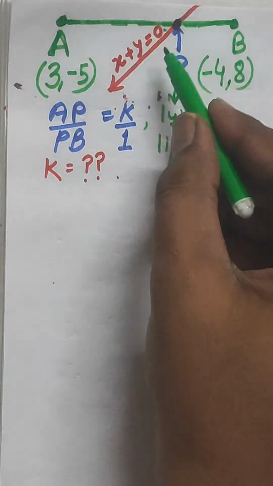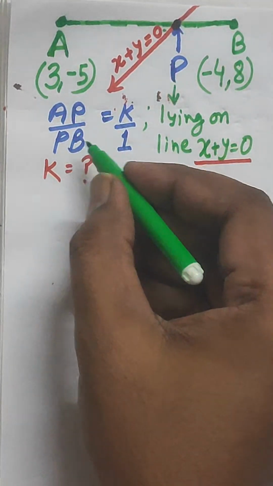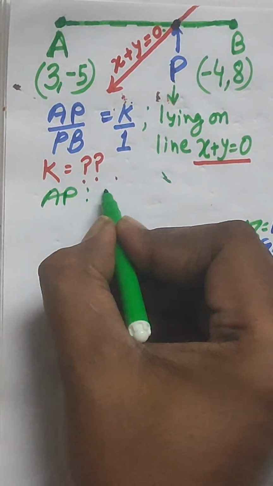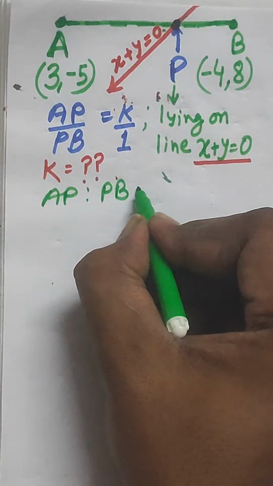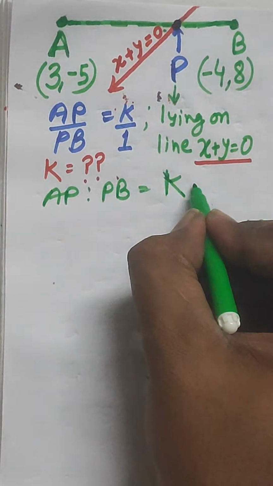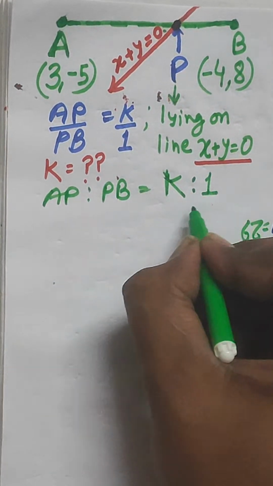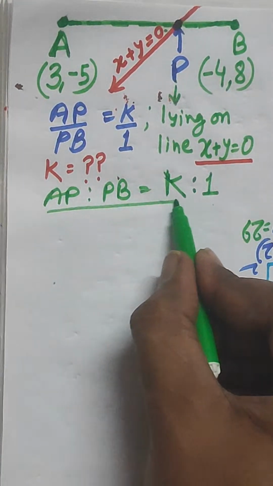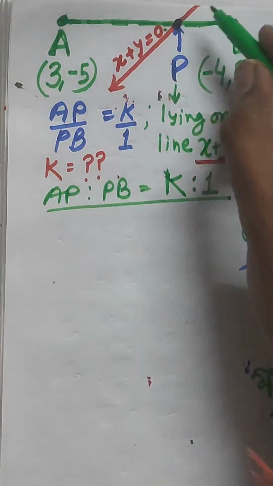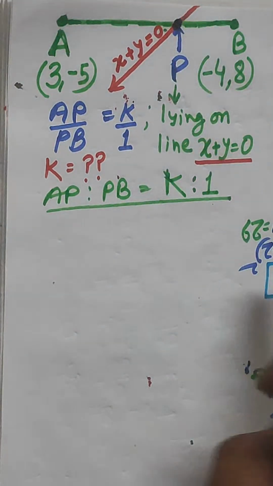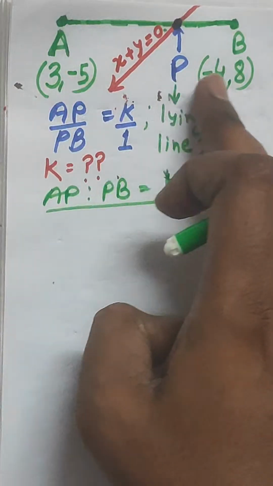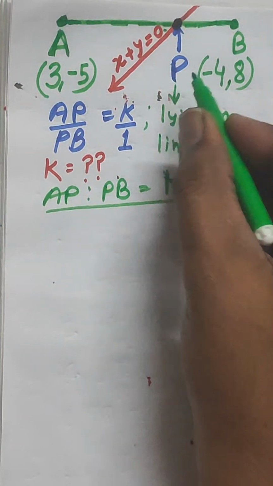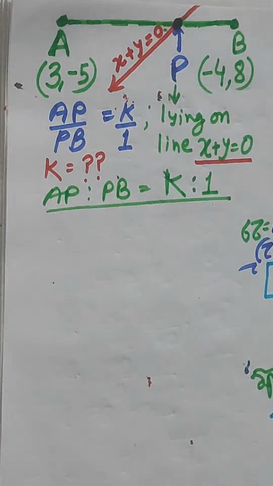Here, as we did earlier, since the ratio of AP to PB is given to you as K is to 1, right? So if AP is to PB is K is to 1, then we will apply the ratio formula to calculate the coordinates of P, right?